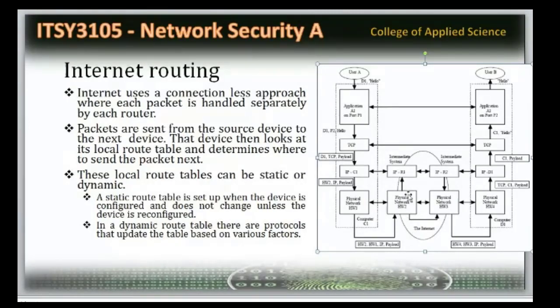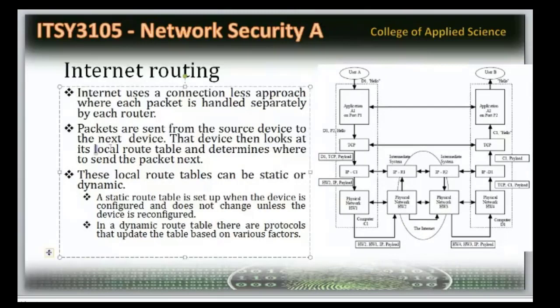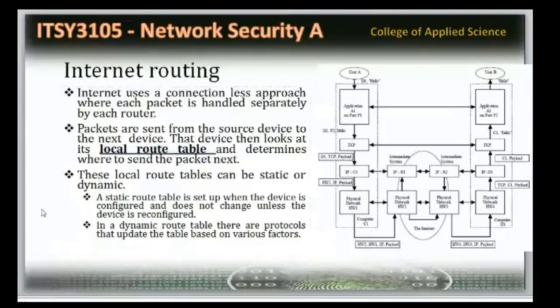Now, for forwarding, they are going to maintain a table. What is the name of the table? They are going to maintain the routing table. Every router will maintain a routing table.